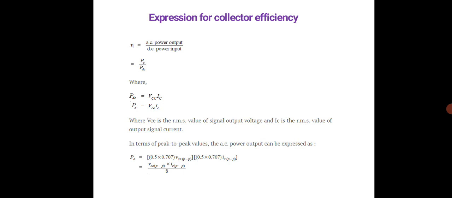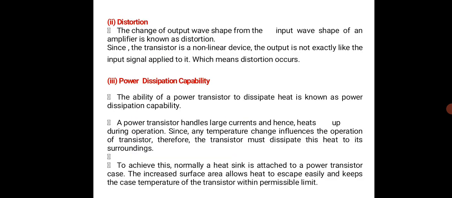This is the efficiency expression, given for the AC power output to the DC power input. DC power is given by VCC into IC, whereas P0, that is output power, is given by VCC into IE.